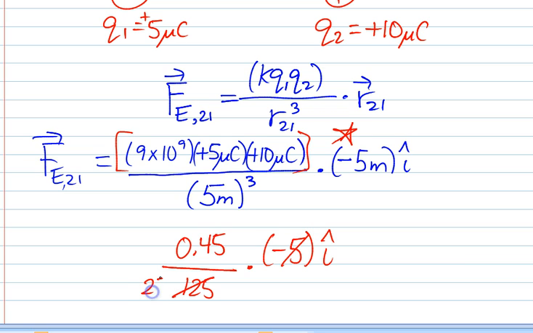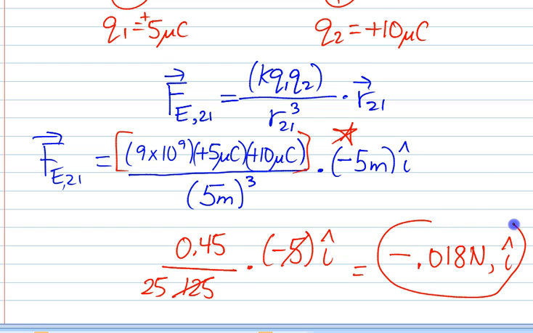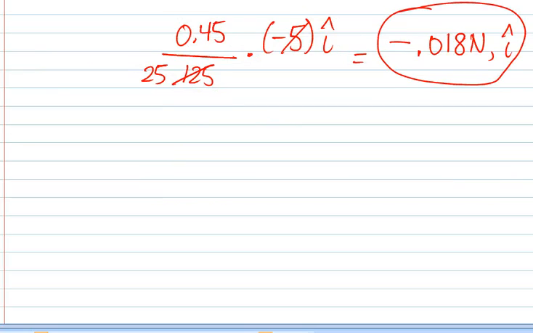So that actually just turns that back into 25, and I get negative 0.018 newtons in the i hat direction. Okay, so notice how beautiful this is. It's giving me the direction, right or left, and it's also giving me the direction, i or j. So now I know everything I need to about this force, and I didn't have to try to guess the direction.